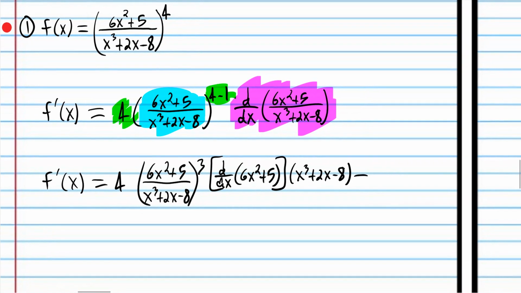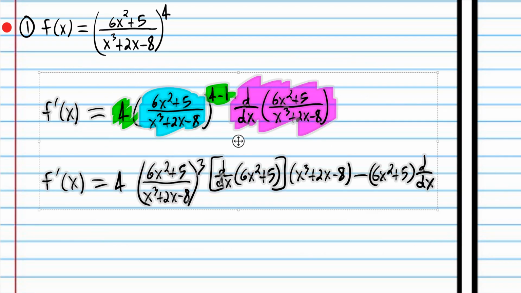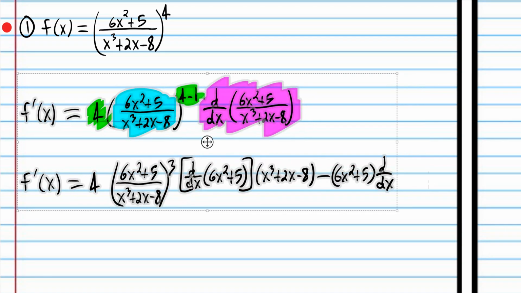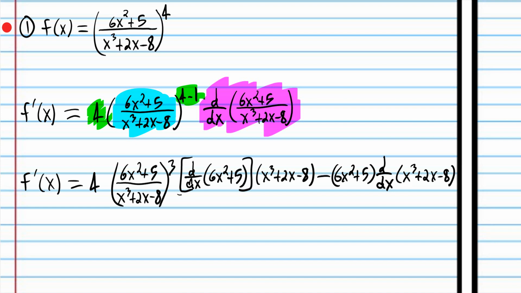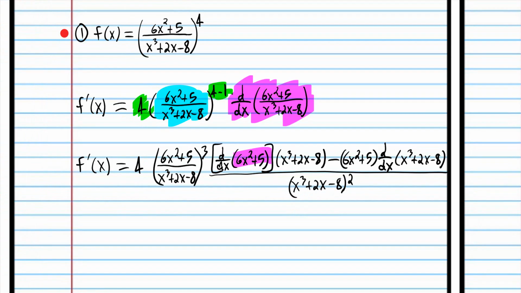Then we subtract the numerator of the fraction multiplied by the derivative of the denominator. And then we divide all that by the square of the denominator. So the derivative of that fraction is all of this purple stuff here.